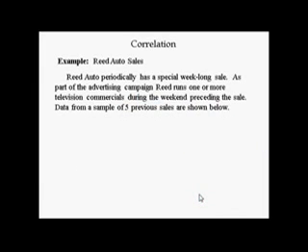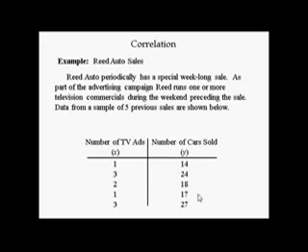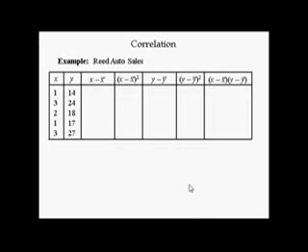Reed Auto Sales has figured out that the more they advertise, the more cars they generally sell. According to the sample of data they have collected, the company sold 14 and 17 cars when it ran 1 TV ad, sold 18 cars when it ran 2 TV ads, and sold 24 and 27 cars when it ran 3 TV ads. Sum of variable x's observations yields 10 TV ads.